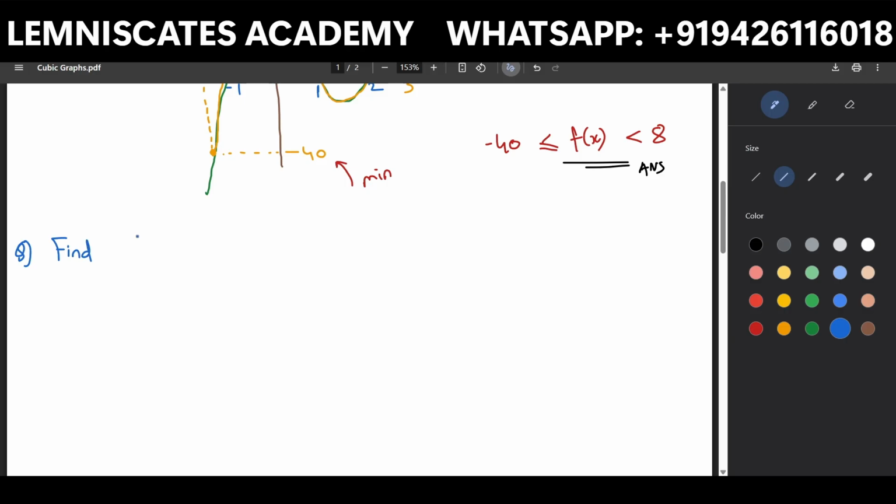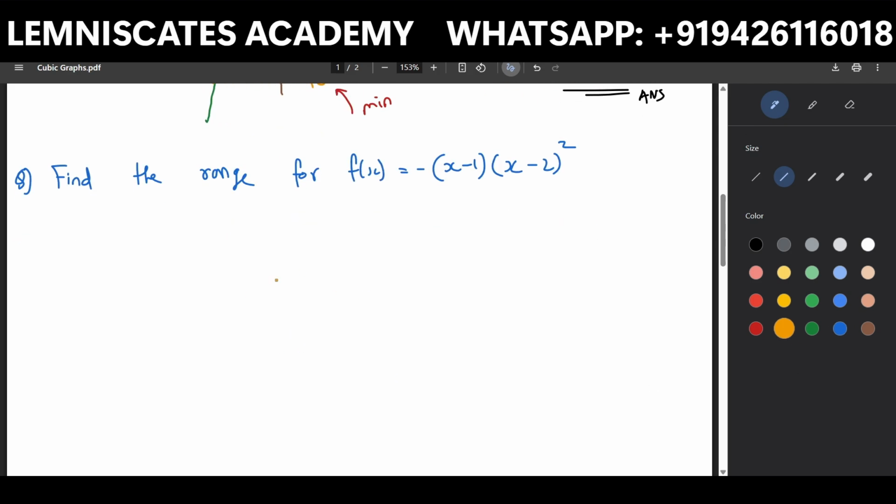Let's say find the range for f of x equals, let's say this time, minus (x minus 1) and (x minus 2) squared. So first let me draw the graph. If I draw the graph over here, my x-intercepts are +1 and +2.